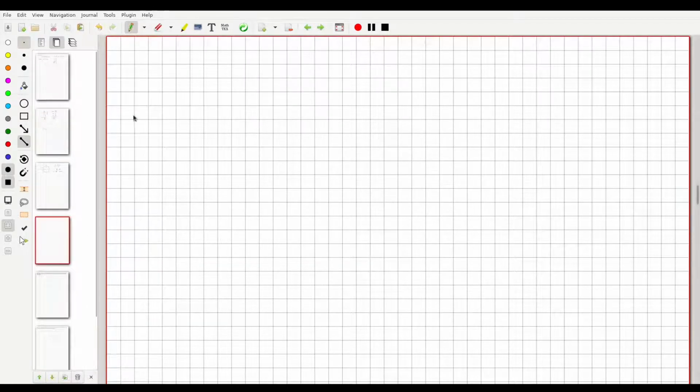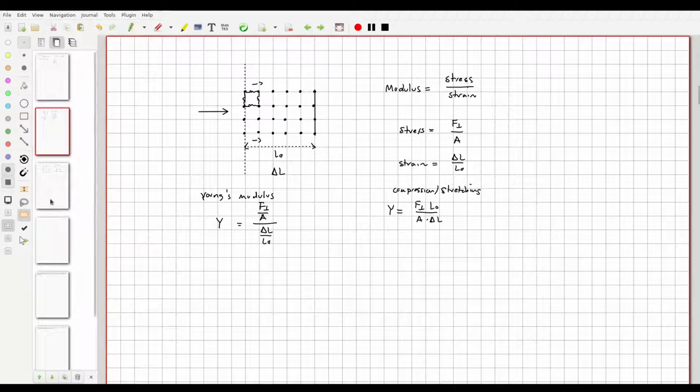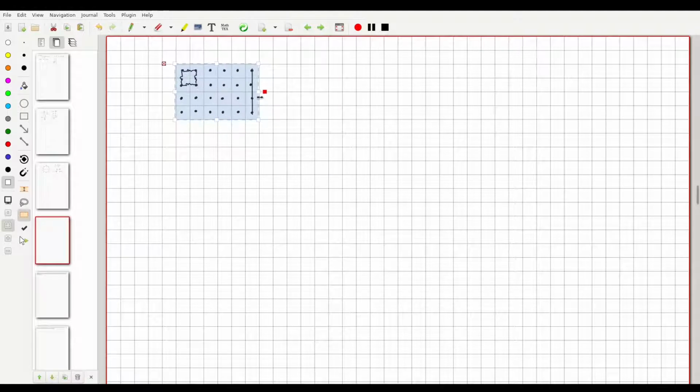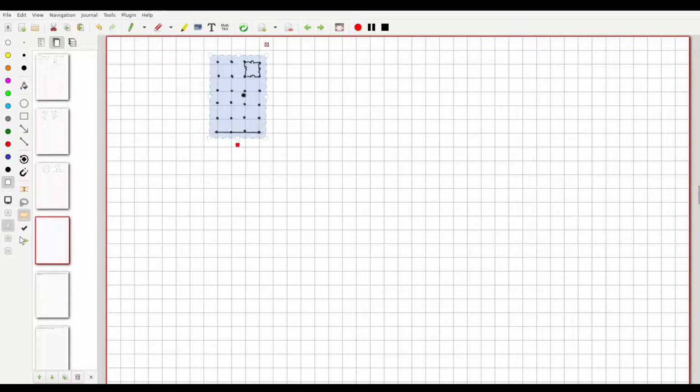Now, on the other hand, let me copy this and paste it over here, and then rotate this. So now it's almost like it's sitting on the ground. Now imagine having that end again pinned. But now I'm going to exert a force this way.